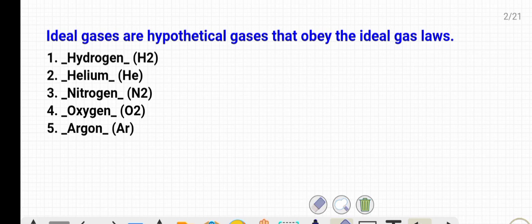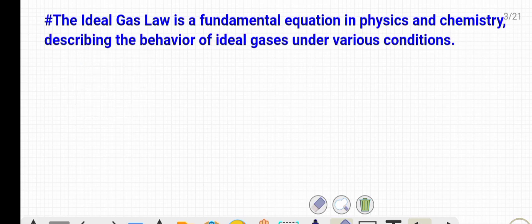These are hypothetically considered to be ideal gases, but they can also deviate from ideal behavior once they're exposed to extreme limits, such as very high temperature or pressure.